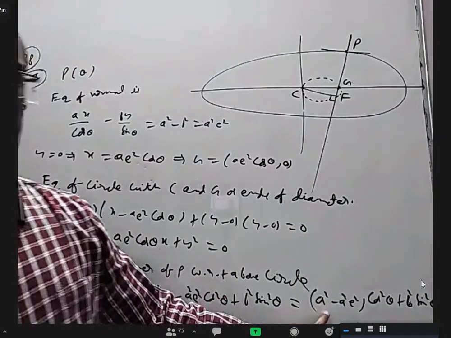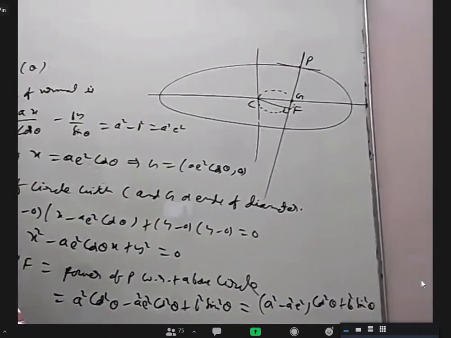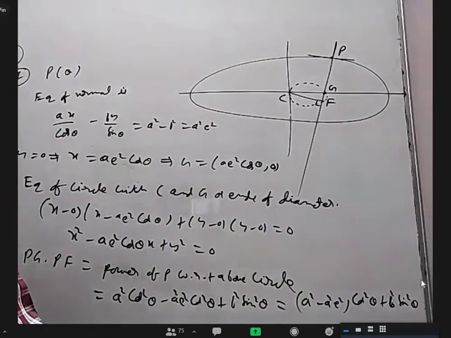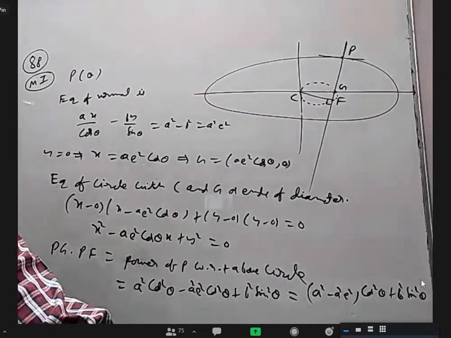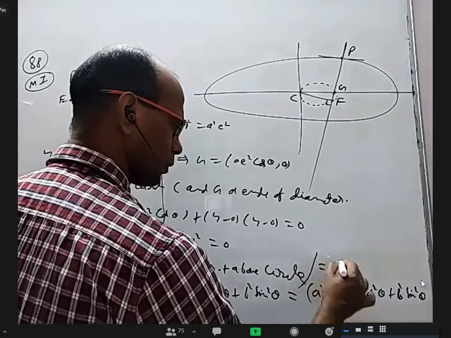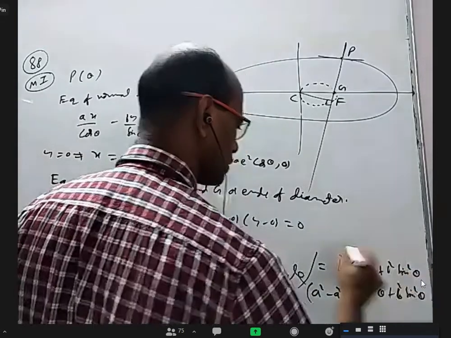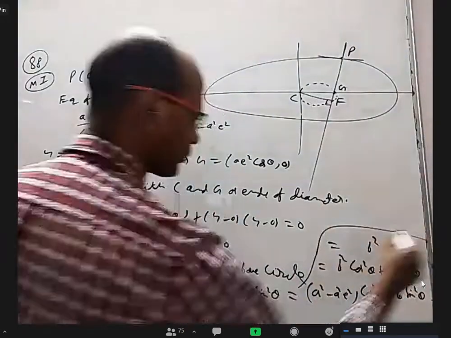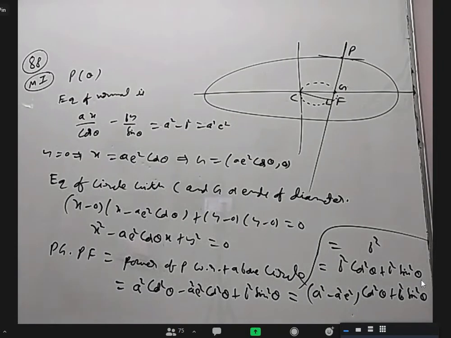This is also b square, so it is b square cos square theta plus b square sin square theta, which becomes b square. So it's a constant. It is independent of theta. We'll also try to find PG and PF length separately. Here we could manage to do the question without finding PG length and PF length.